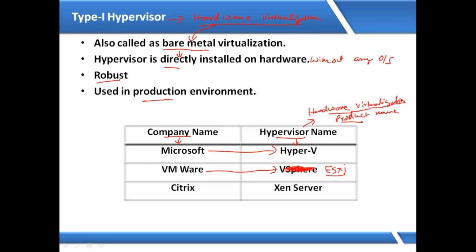This will be directly installed on the machine without OS, and through that we'll create the virtual machine. The virtual machine resources like processor, RAM memory, and hard disk memory will be allocated by this product to the virtual machine. This type of virtualization is called hardware virtualization. Citrix company has its Xen server.